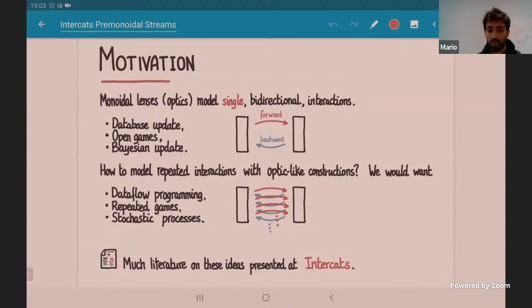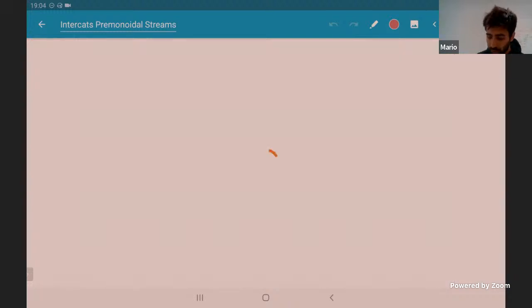If we were doing things like open games, perhaps now we can try to do repeated games. Or if we were doing some stochastic functions with updates before, perhaps now we can do stochastic processes. I'm not going through the literature on these things because I think you already know it, and also because the previous talks in this seminar are detailed very well. So this is going to be my main motivation.